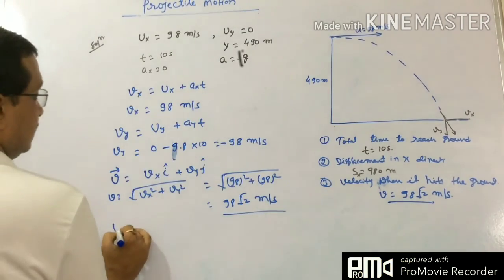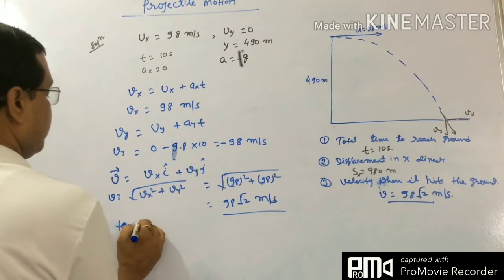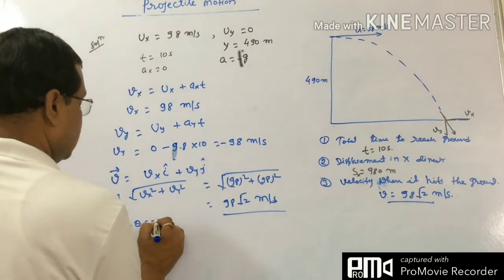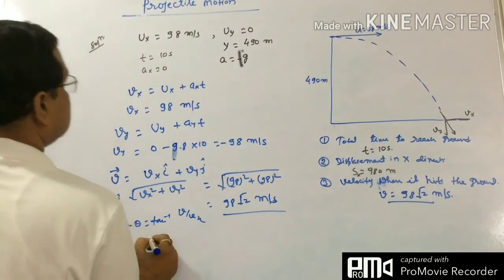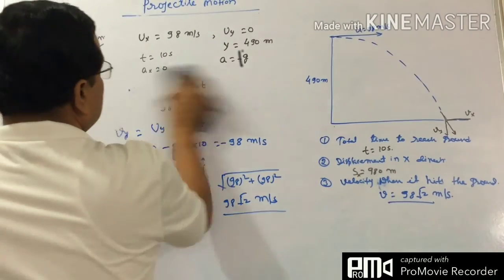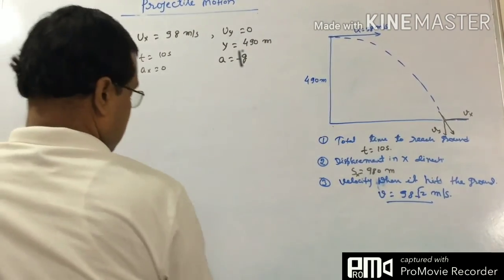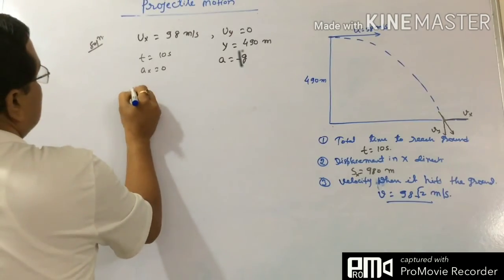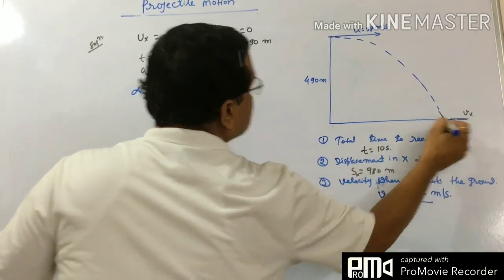If you want to find the value of angle theta, theta equals tan inverse vy by vx. Suppose it makes an angle alpha here with the x direction.